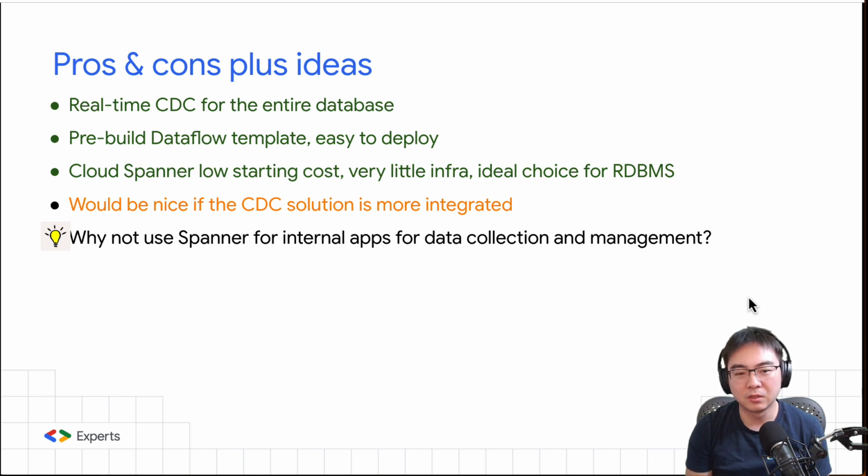So it looks like a simple way to replicate the changes from the database into Pub/Sub in this case. With the cost of only a bit over $100 per month, you can get started with 100 compute units, and you can do a lot. I haven't load tested how much you can do, but in terms of development, with test servers and integration tests, the cost for other types of databases could be quite high, right?